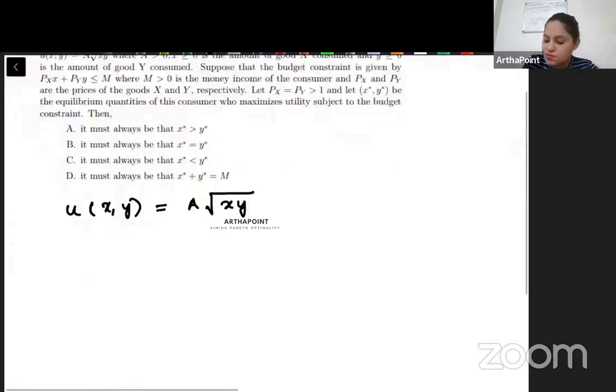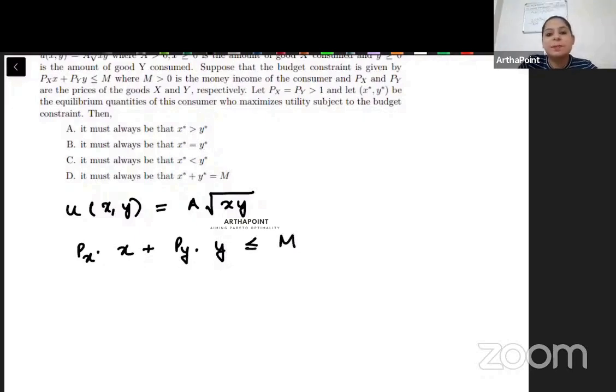So the budget equation is PX into X plus PY into Y less than or equal to income of the consumer. It says PX and PY are equal to each other. So PX is equal to PY.